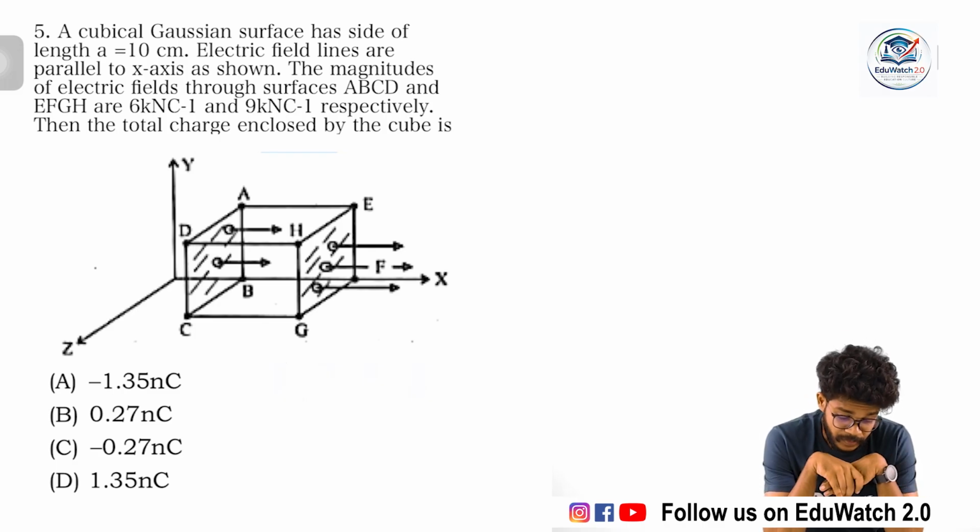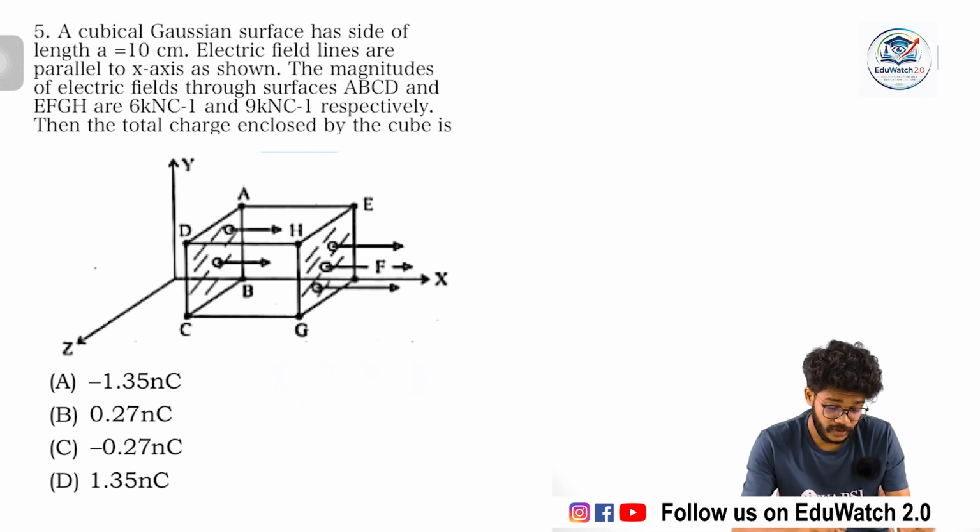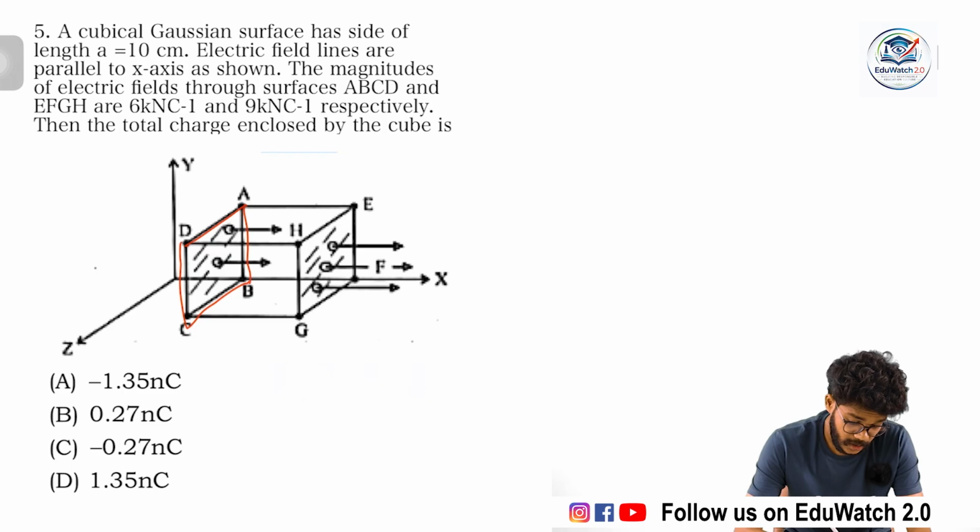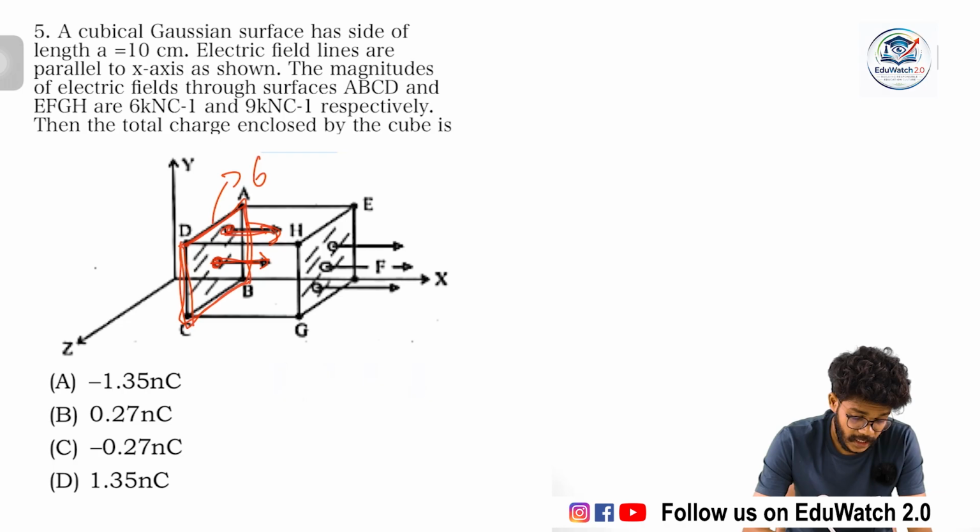The magnitude of electric field through the surface ABCD, I will draw the ABCD, these are the lines which are entering, and EFGH are 6K Newton per coulomb and 9K Newton per coulomb respectively. So through this side it is 6K Newton per coulomb and through this side it is 9K Newton per coulomb.